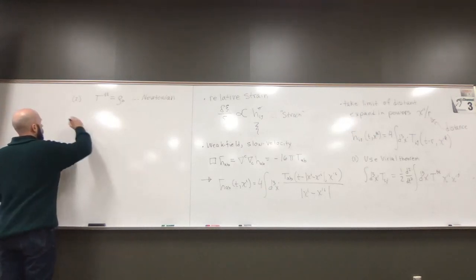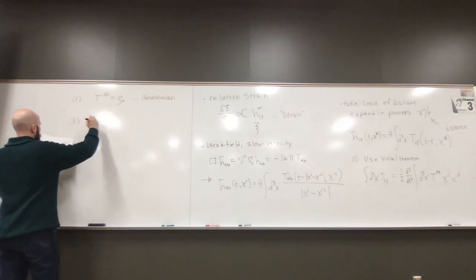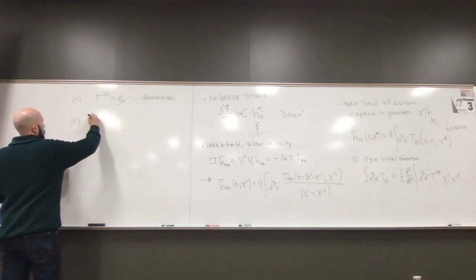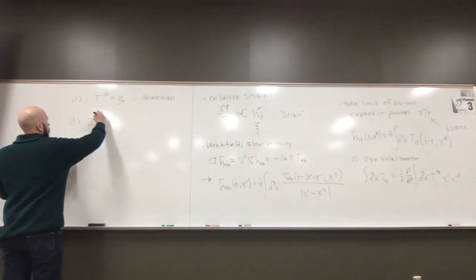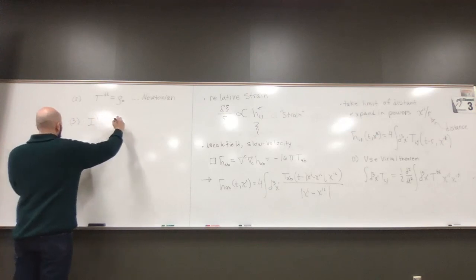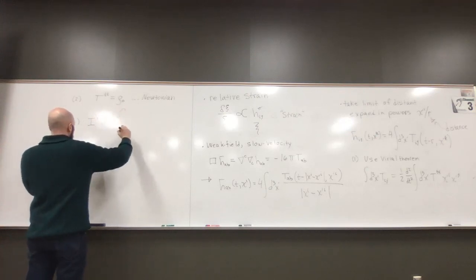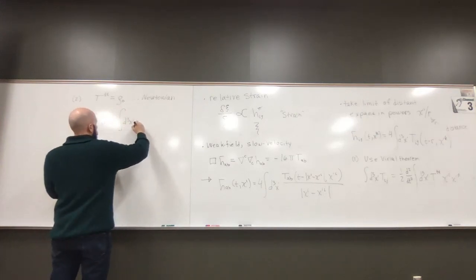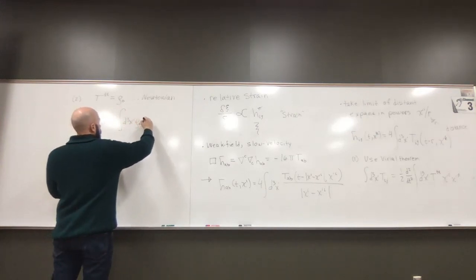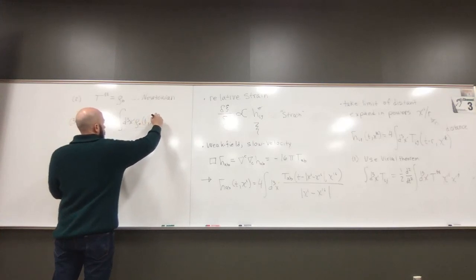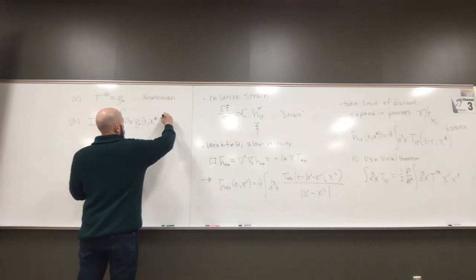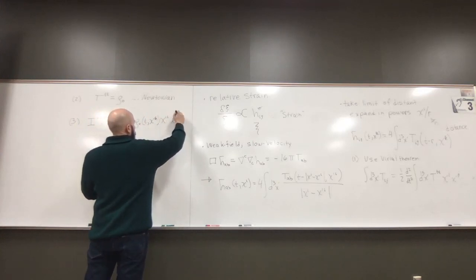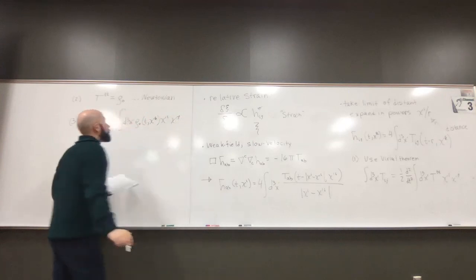And then we have the third relationship, which is the second moment of the mass distribution. I'm going to call that I_ij, which is a function of time, and it's going to be defined as the integral in volume of the rest mass density, which is a function of time and space, times x prime i, x prime j, d cubed x prime.